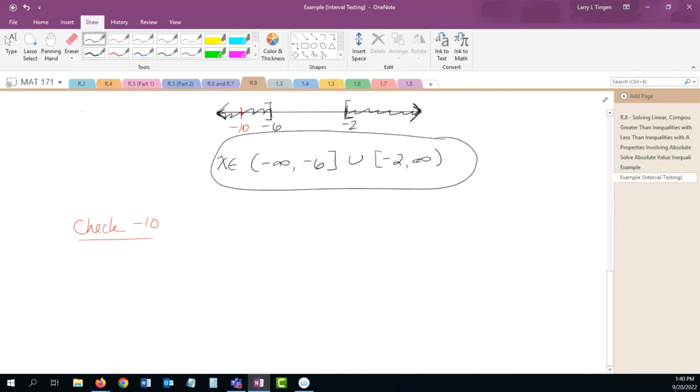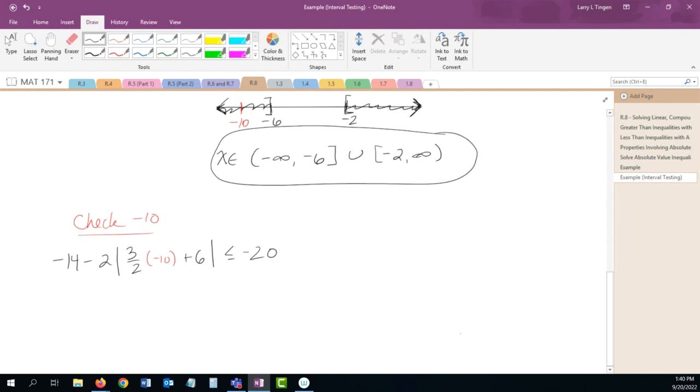So that means what? If I plug negative 10 in for x, 3/2 times negative 10 plus 6, less than or equal to negative 20. If I plug that in and then work the problem, when I get to the end, I should get something back that is true.